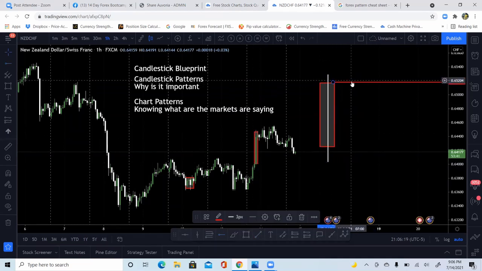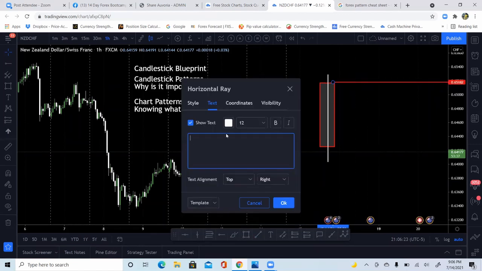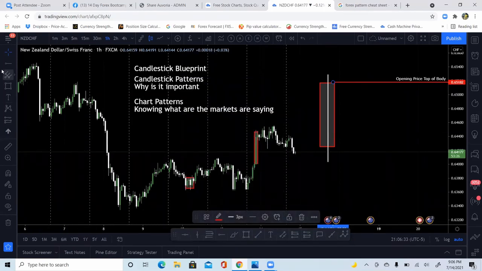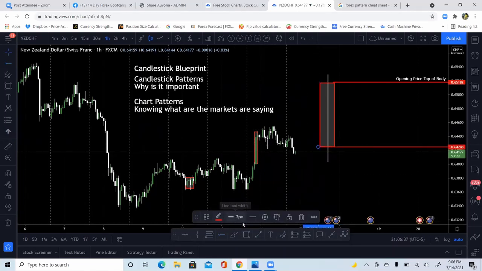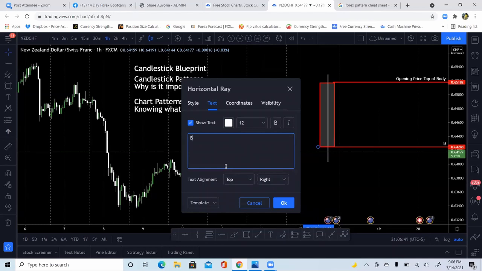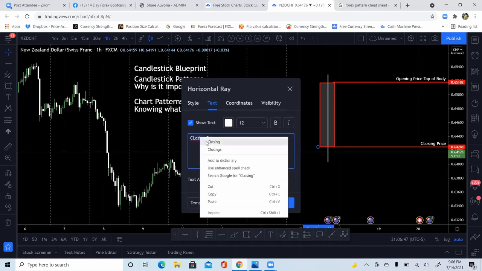So the top of the body would be considered your opening price. And then the closing price, of course, would be at the bottom of the body. Now, this is for a downward candle. It's the opposite for an upward candle. So that would be your closing price.